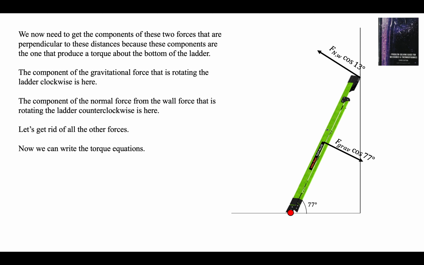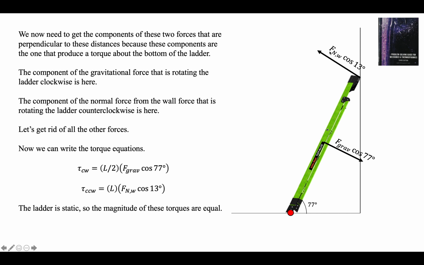So now we can write the torque equations. L/2, F gravity cosine 77 is the clockwise torque, and the torque counterclockwise is the whole length of the ladder times F normal from the wall, cosine 13 degrees. The ladder is not doing anything, it's static, so these torques must be equal.